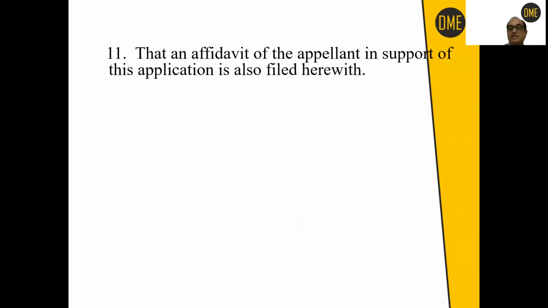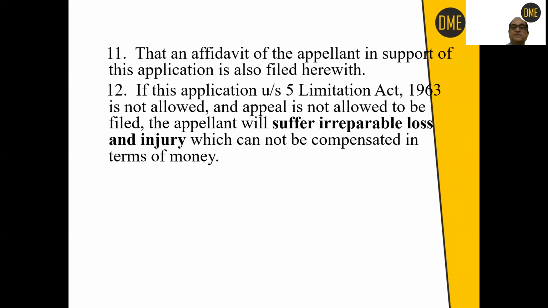And as we have seen earlier also, that an affidavit is to be filed in support of application under section 5. So this factum you will have to mention, that an affidavit of the appellant in support of this application is also filed herewith.